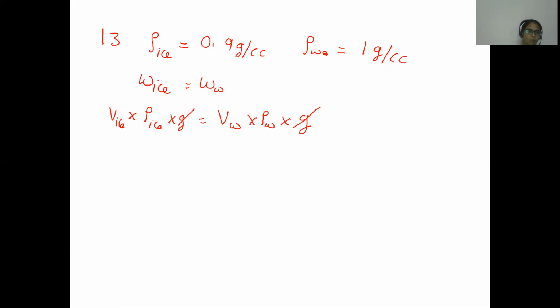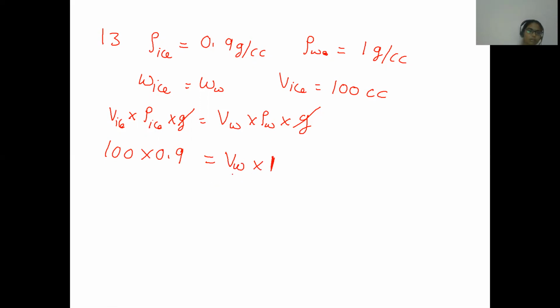So what is left? Volume of ice, they have given, right? The volume of ice is 100 cc. So write this one, 100 centimeter cube into density of ice 0.9 grams per cc, that will be equal to volume of water into density of water, which is 1.